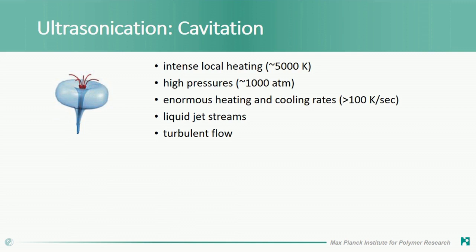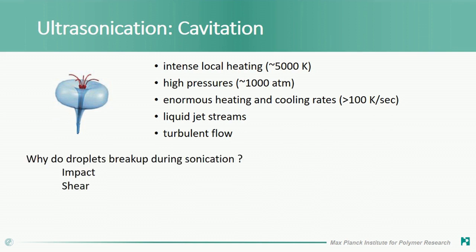So the efficiency of mixing created by those cavitation bubbles bursting is really localized to the region very near the tip. But fortunately, it also creates turbulent flow that could be used to mix the sample, or we could alternatively mix the sample using stirring during the ultrasonication.